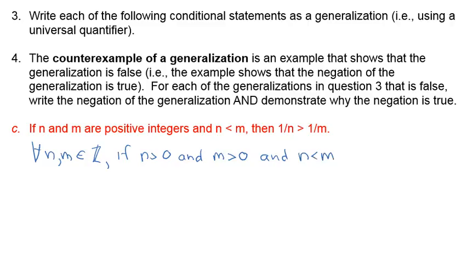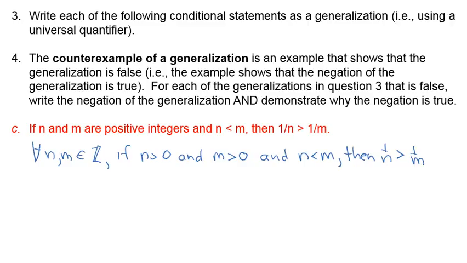So it's a fairly complex hypothesis for this conditional statement. Then what do we know is true? Then 1 over n is greater than 1 over m.